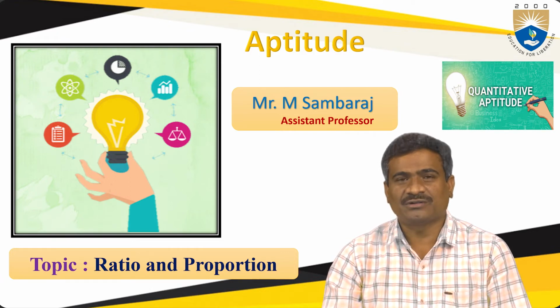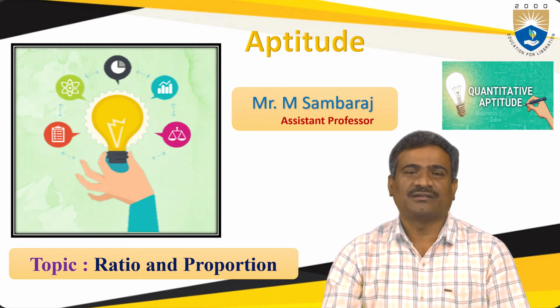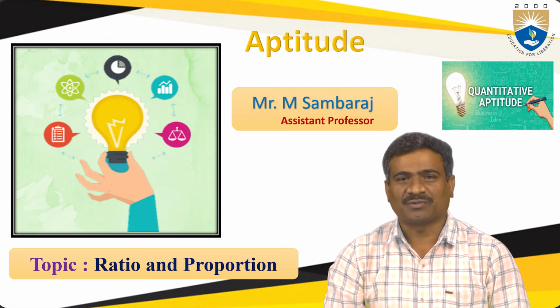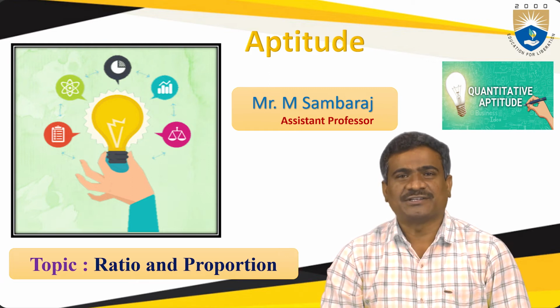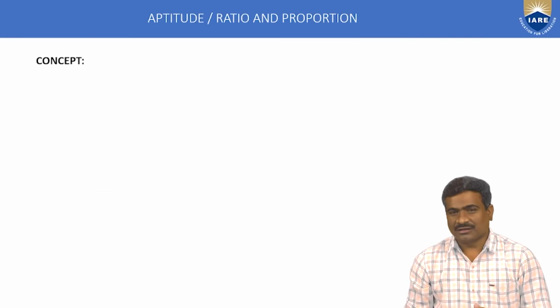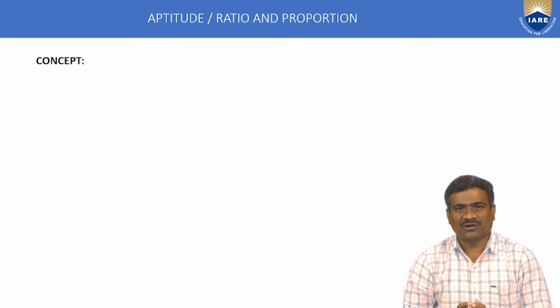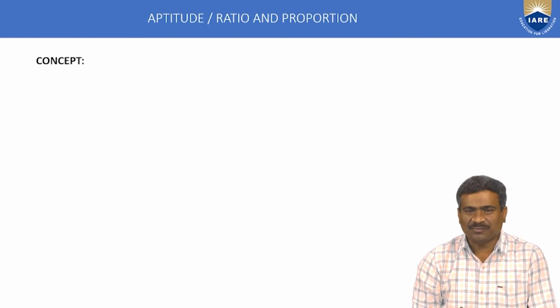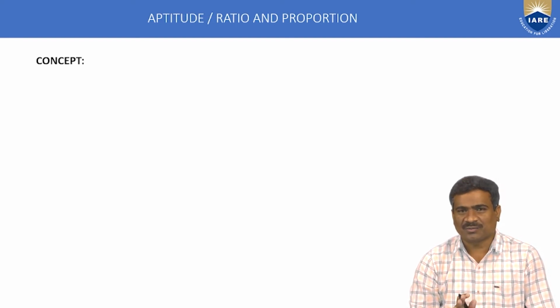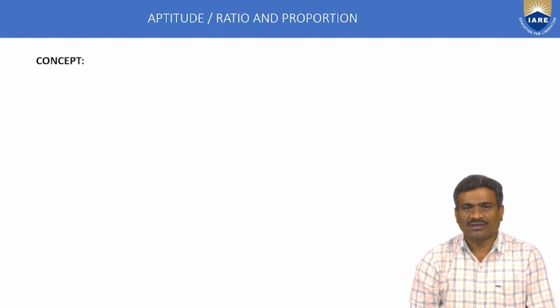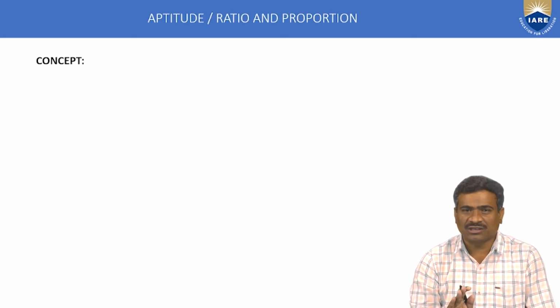Today we are going to start one of the subtopics in quantitative aptitude, that is ratio and proportion. What is ratio and what is proportion? Ratio is nothing but the comparison of numbers or quantities. Ratio means equality and proportion also means equality.